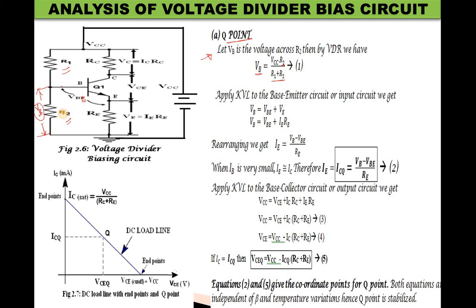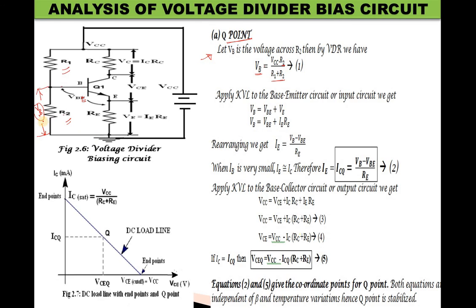Now, voltage across R2, that is VB, is equal to applied voltage VCC into that branch resistor R2 divided by the sum R1 and R2. So the equation becomes VB = VCC × R2 / (R1 + R2).